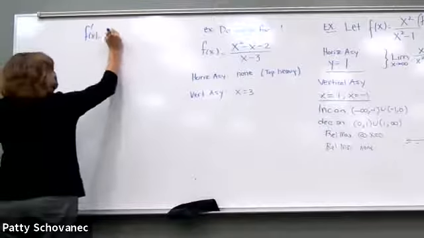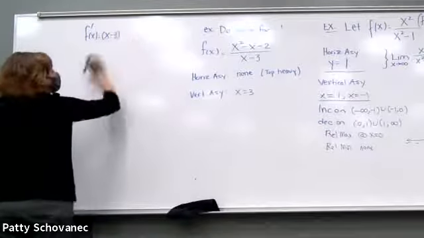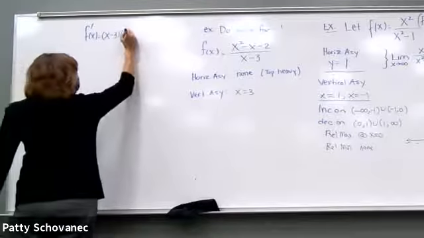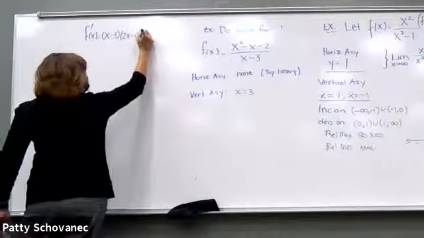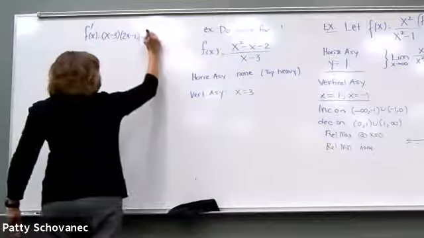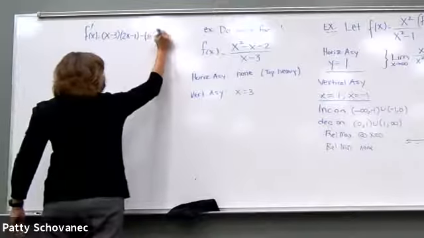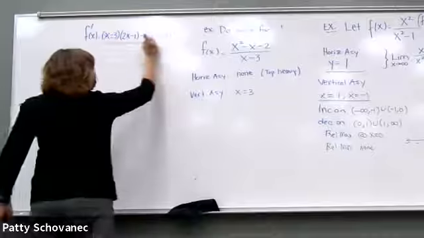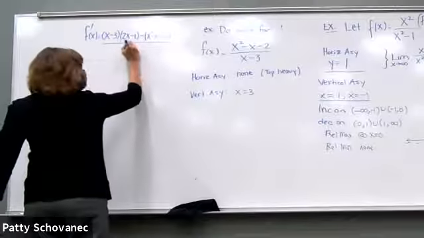Bottom times the derivative of the top, which will be 2x minus 1, minus the top, x squared minus x minus 2, times the derivative of the bottom, which is just 1, over the bottom squared.